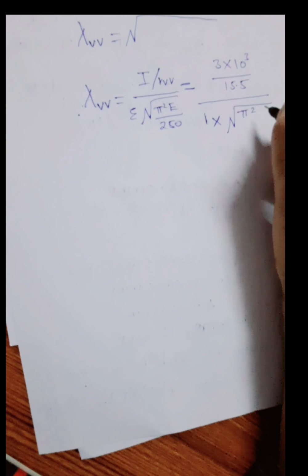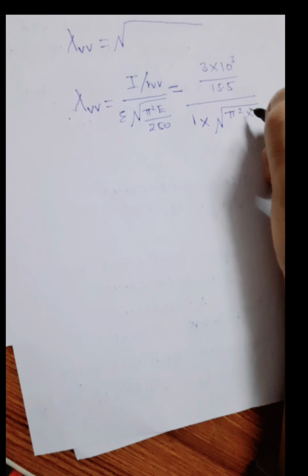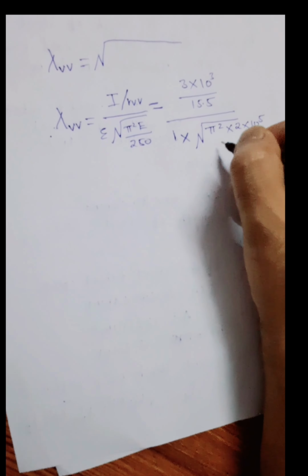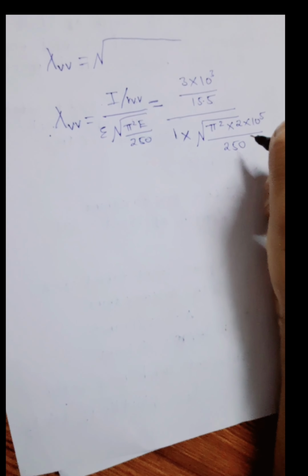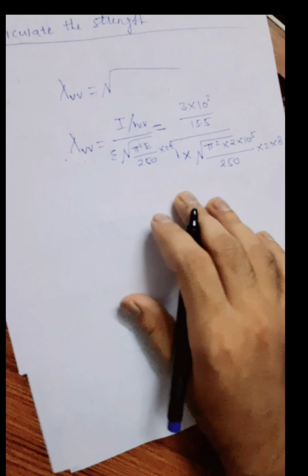Always keep in mind it is constant 1, into under root of pi square into E value, that is the modulus of steel, 2 into 10 power 5, constant, remember this value, divided by 250, into 2t. Here t is 8, the thickness.